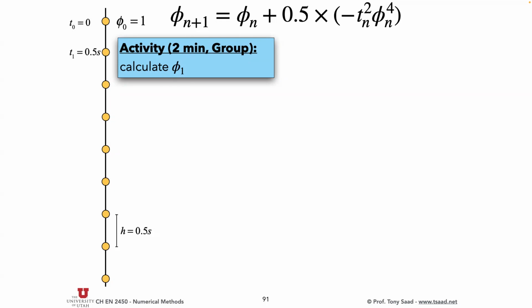You better get used to this because this is an exam problem, okay? You need to do this because it gets confusing. Like, which t value do you use? Do you use t1 or t0? Do you use phi 0 or phi 1?